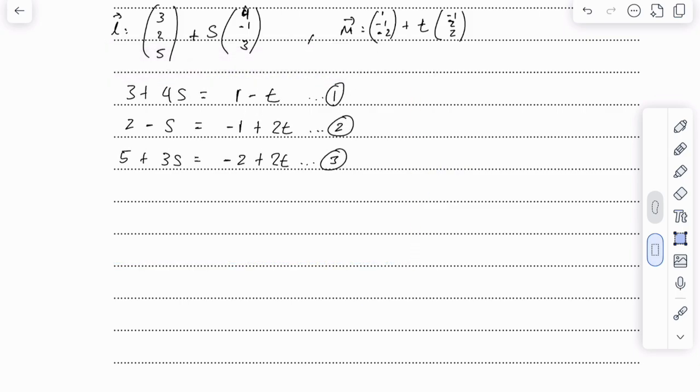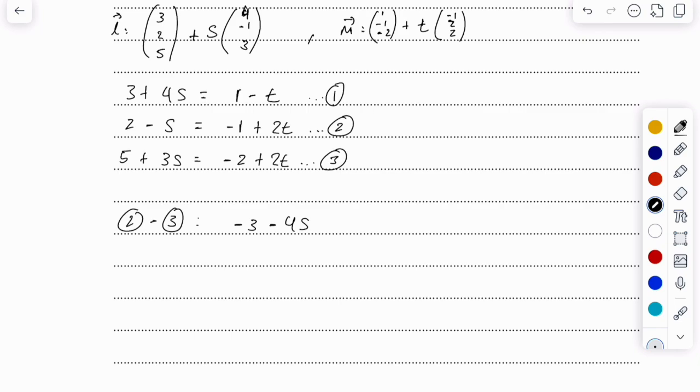So if we're equating these now, we can say, well, 2 minus 3, what's that going to equal? We're going to get minus 3 minus s, minus 3 minus 4s.